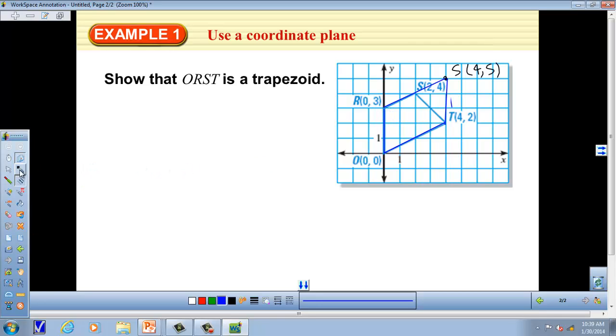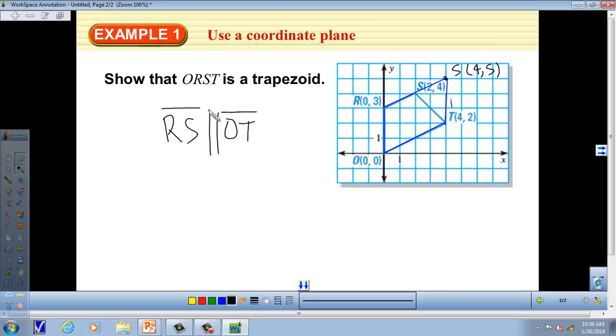And if you look at the new figure, we can see that RS is still parallel to OT because the lines haven't changed, but the slope of OR is undefined as it was before, and the slope of ST is also a vertical line, so it's undefined.